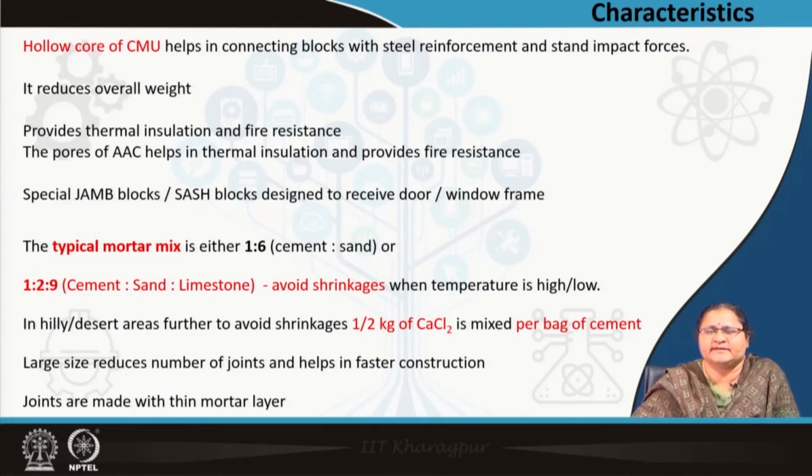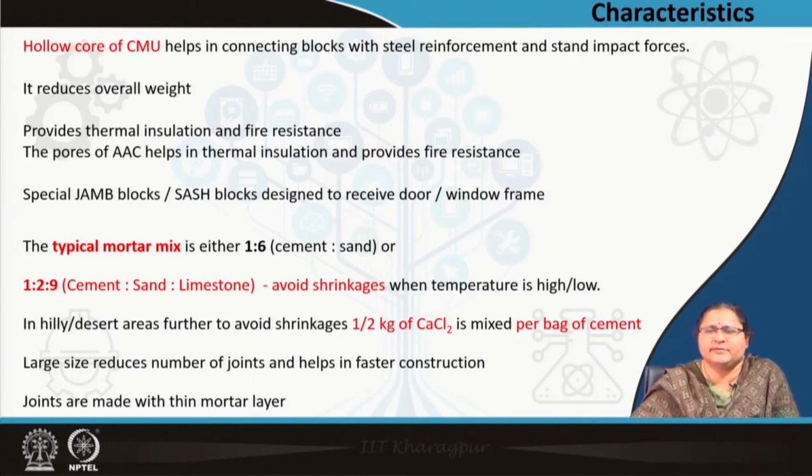In high temperature, to avoid shrinkage, an addition of lime may be made, so then the proportion becomes 1:2:9, and it is mostly used for desert areas and hilly areas, where further shrinkage can be controlled by using calcium chloride, half a kg per bag of cement.